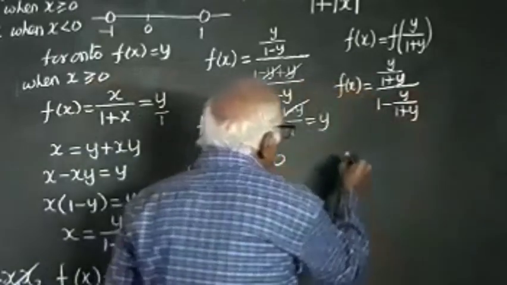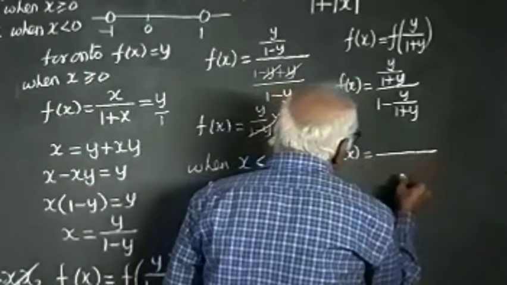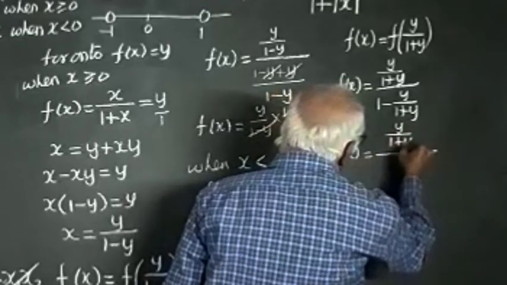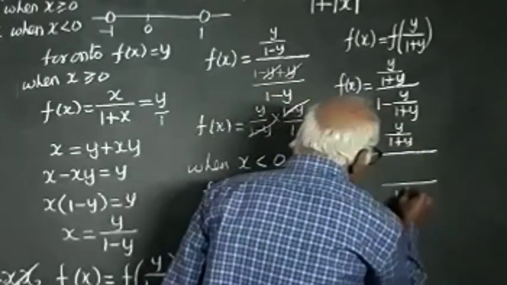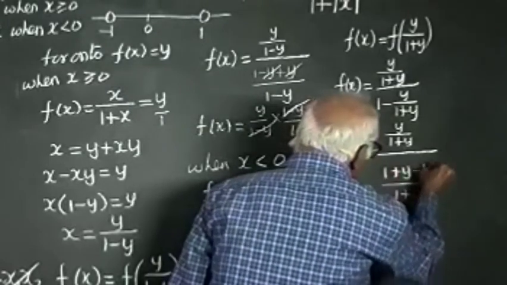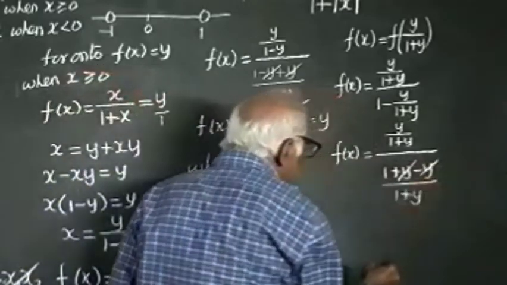Now take the LCM: 1 plus y, then 1 plus y minus y. Plus y minus y cancel.